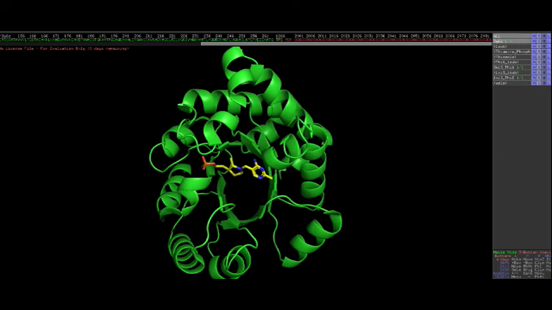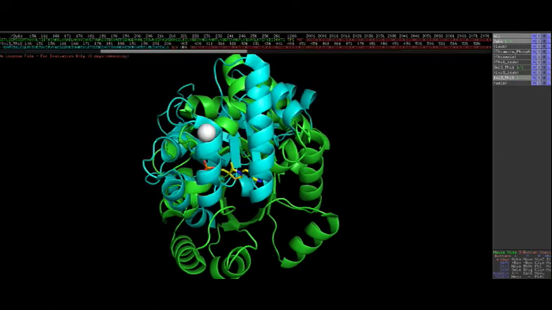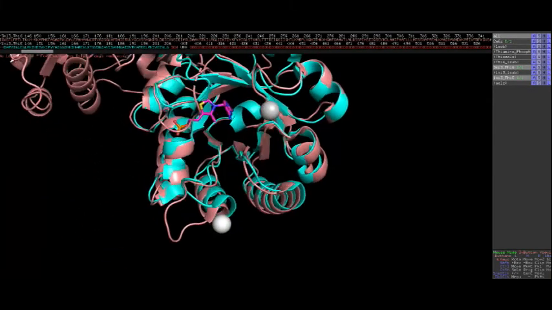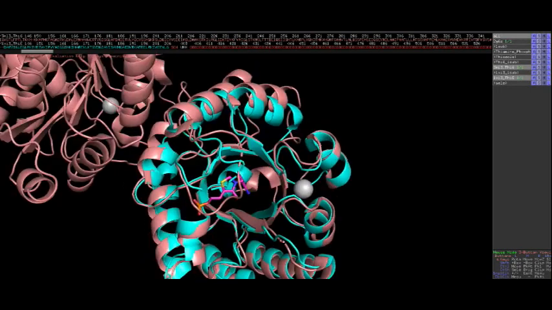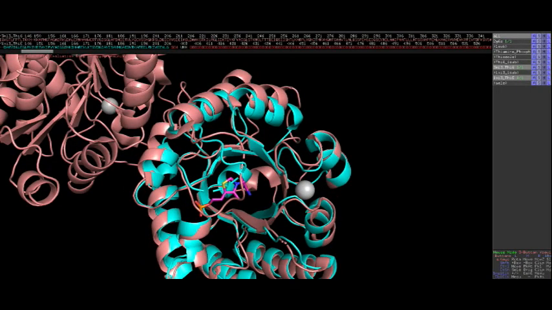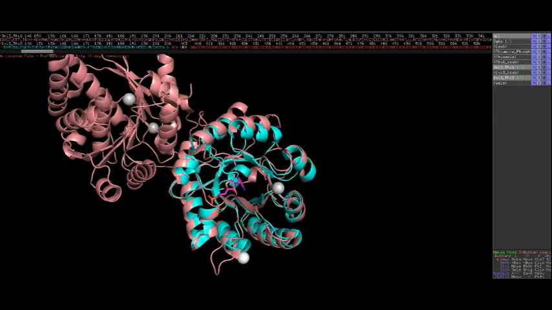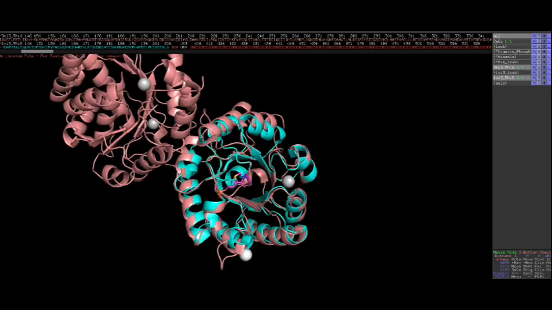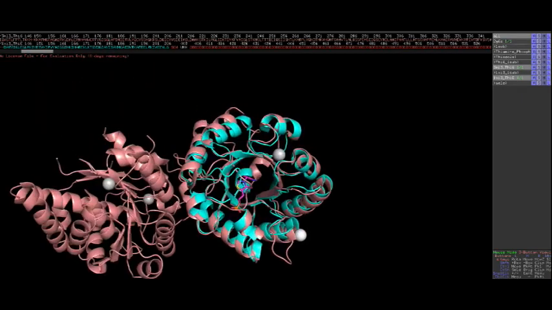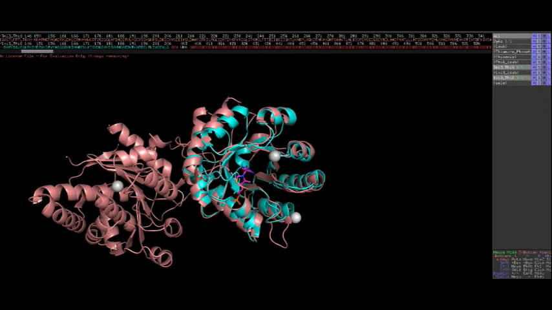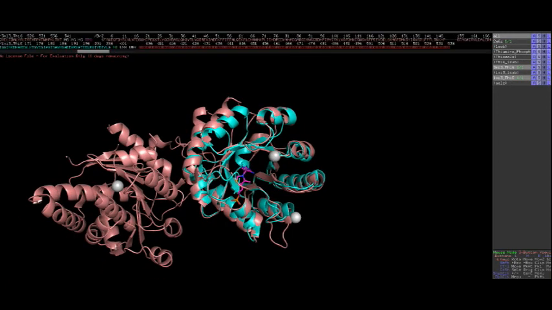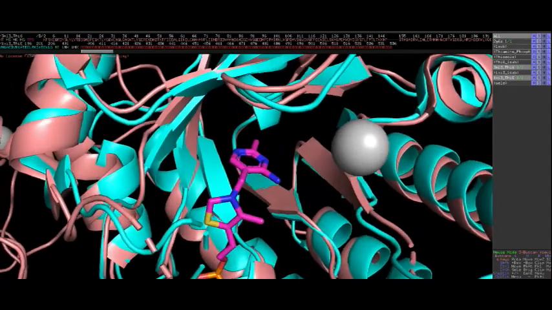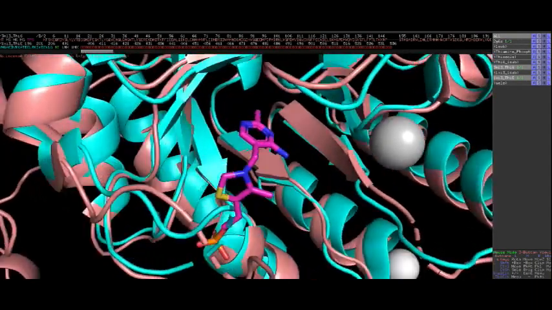If we add these ones in and remove that one, we can see that this forms that same beta sheet on the inside with the alpha helices around the outside. So even though they don't overlap that well with the prokaryotic one, they do still form that same fold. And we can see here in purple our thiamine phosphate in the active site.